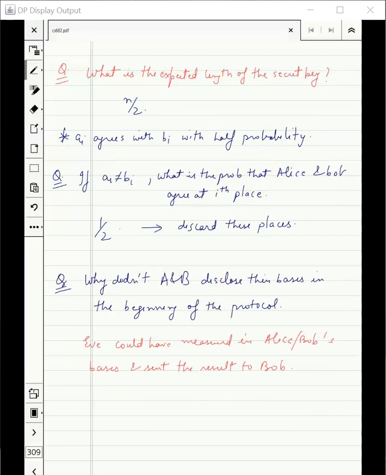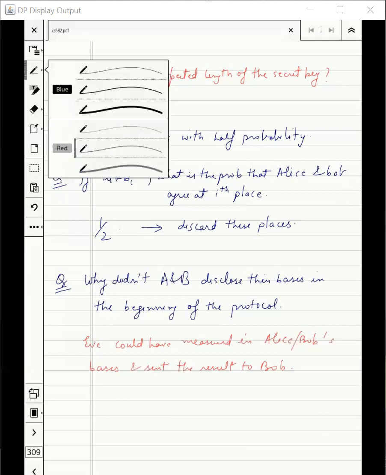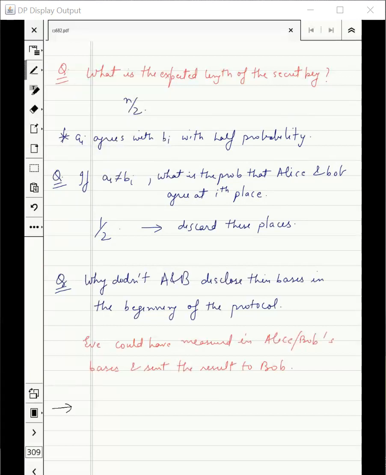Let's talk about a few cases. Actually, what happens is that we know, on the basis of quantum mechanical principles, that this protocol is unconditionally secure. It just requires the principles of quantum mechanics to hold.